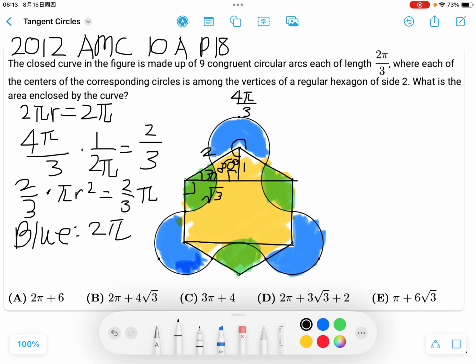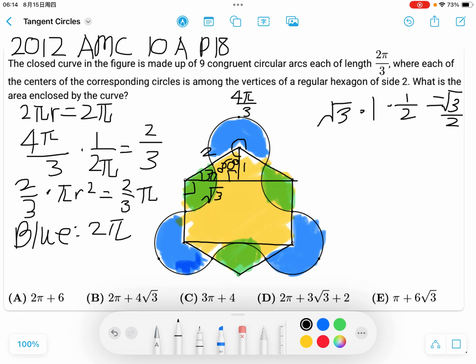So the area of the one small right triangle is root 3 times 1 times 1/2, which is just root 3 over 2.